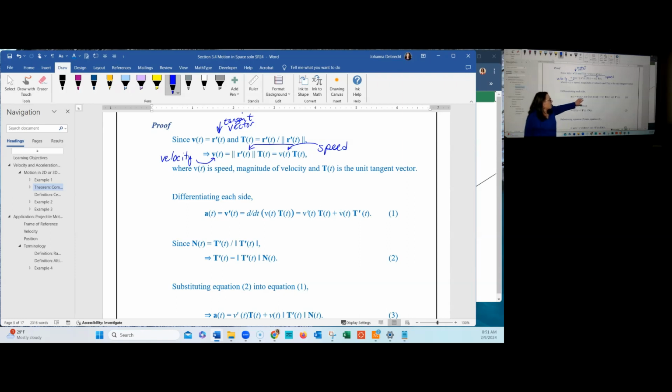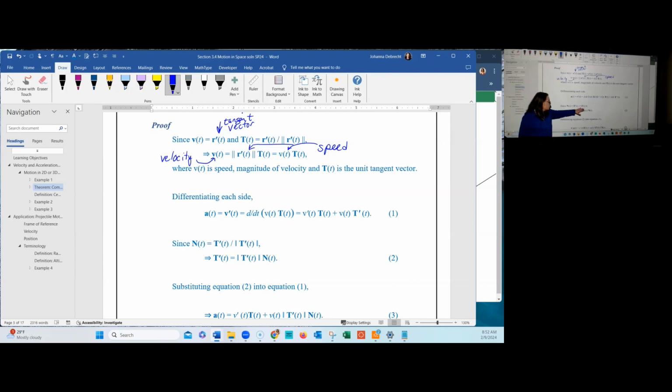Now we're going to hold off. We're just going to leave this equation here for a moment. I've labeled it 1. And then we're going to define the unit normal vector. The definition of the unit normal vector is the derivative of the unit tangent vector divided by its magnitude. Because we don't know if that unit tangent vector's derivative is 1, we have to divide by it in order to make it a unit vector.